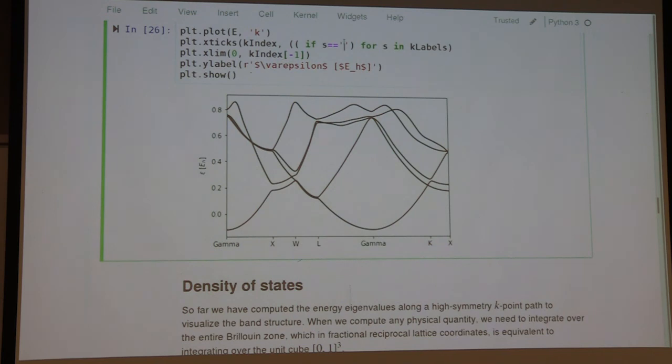Right? So I can check if the label is gamma, and I can replace that with the nice latex symbol. Otherwise, I'll leave it unchanged.